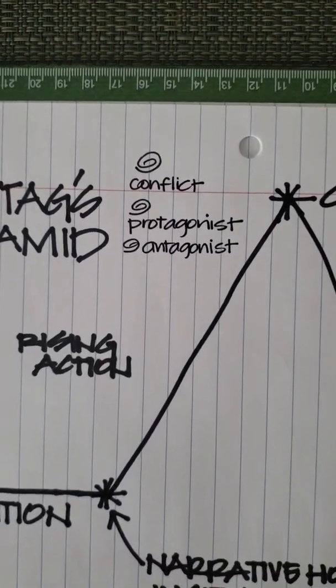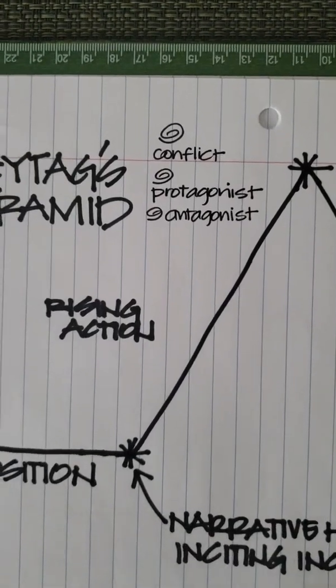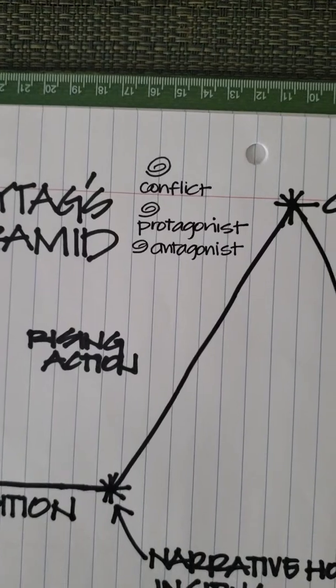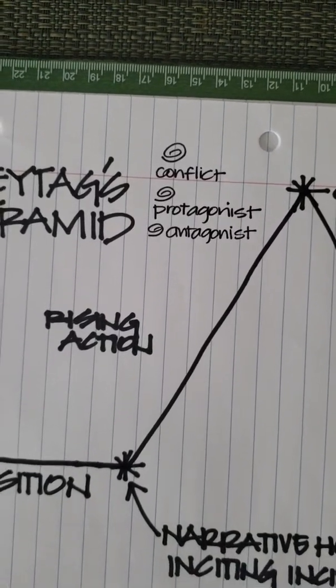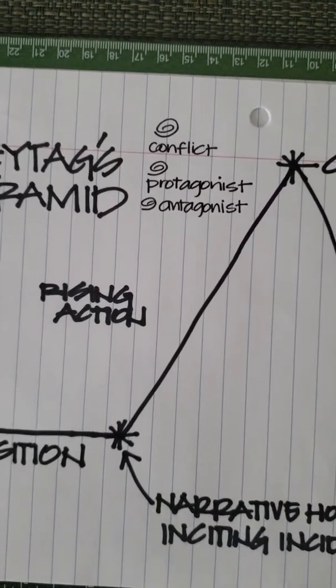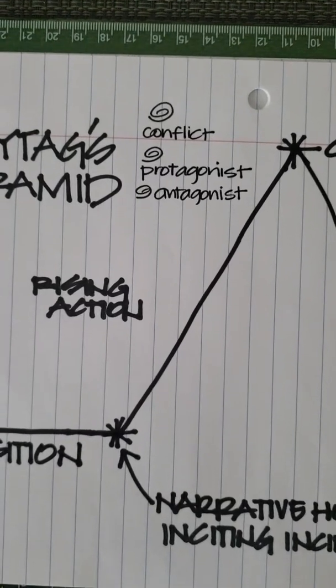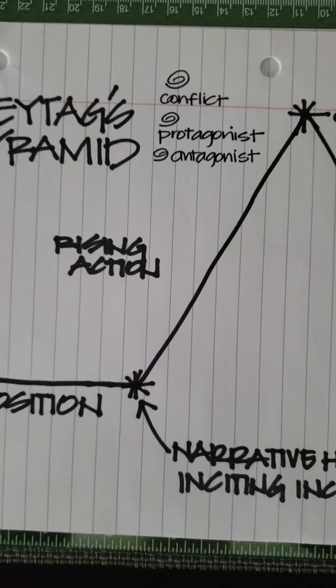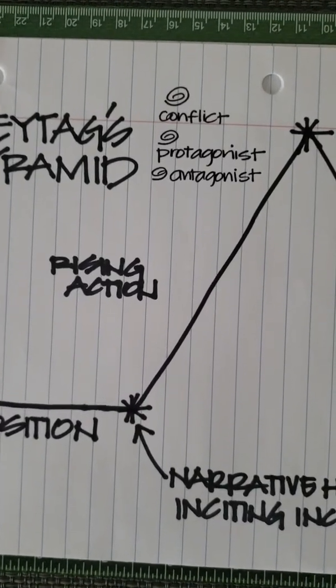Conflict, of course, is a disagreement, and there's lots of different kinds of conflicts that can be present in a work of fiction. Protagonist, of course, is the main character in the piece of fiction, the character that is struggling to solve some kind of problem. Sometimes we think of the protagonist as the hero.